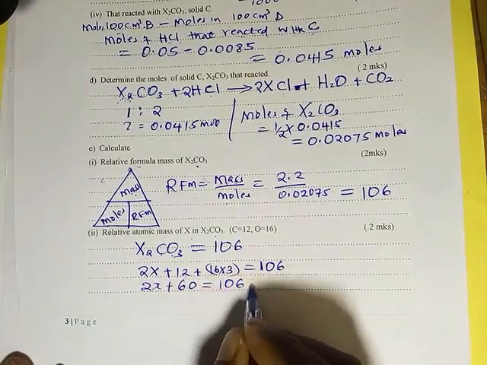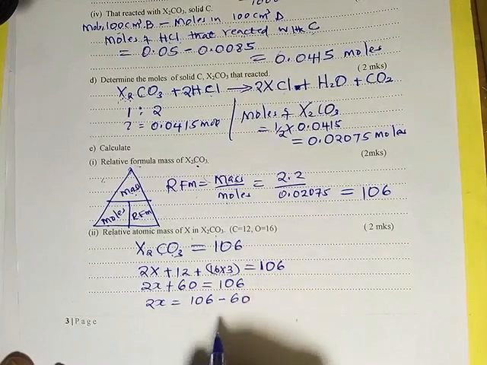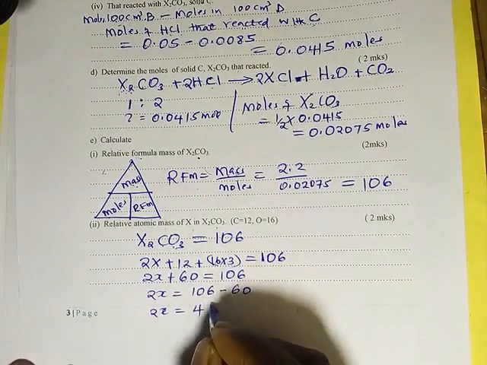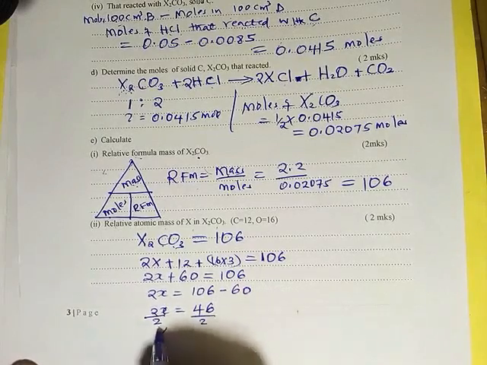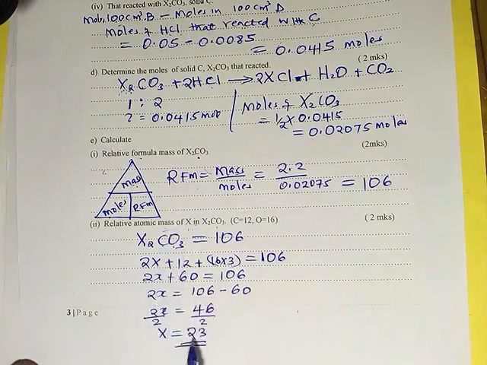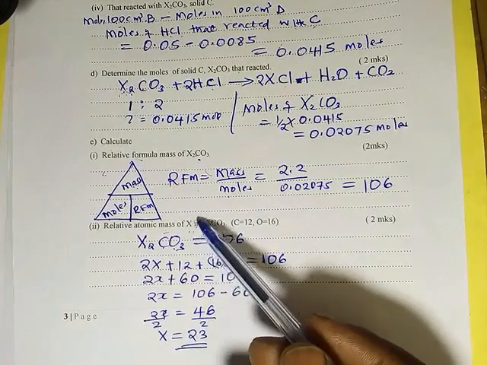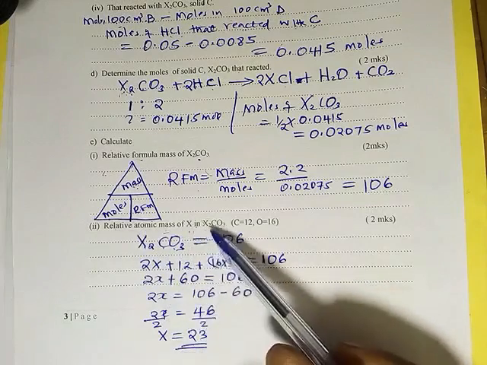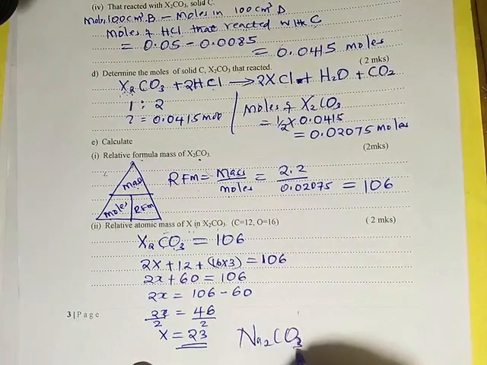Put like terms together: 2X is equal to 106 minus 60. So 2X is going to give us 46. We want the value of X, so divide by 2 on both sides. So X is equal to 23. So the relative atomic mass of X is 23. And you can guess the element which has a relative atomic mass of 23 is sodium. So this one is easily sodium, because the carbonate of sodium is written like that.